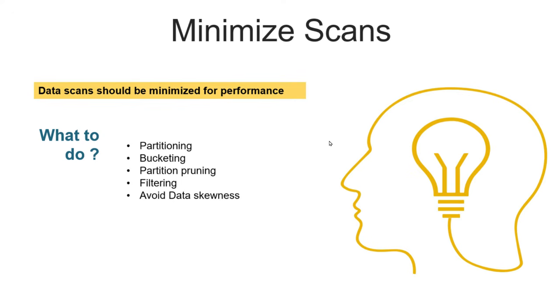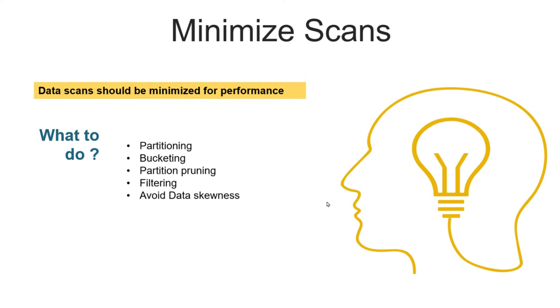What are the things that I can do to make the data scans fast? The most important thing we can do is partitioning. We partition our data on a relevant column which is going to be used in my queries. So how do I partition? I need to keep in mind the kind of queries I'm going to fire, what my read queries are. Based on that, I would partition so that it goes to a targeted partition and the quantity of data read is small.